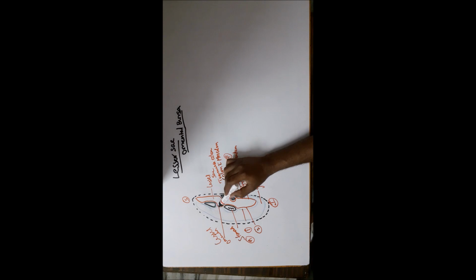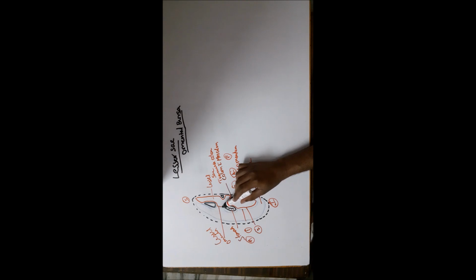Then this is the lesser omentum, the posterior layer of the lesser omentum. Then the peritoneum which is covering the postero-inferior surface of the stomach. Then the second layer of the greater omentum, which continues to become the third layer of the greater omentum.